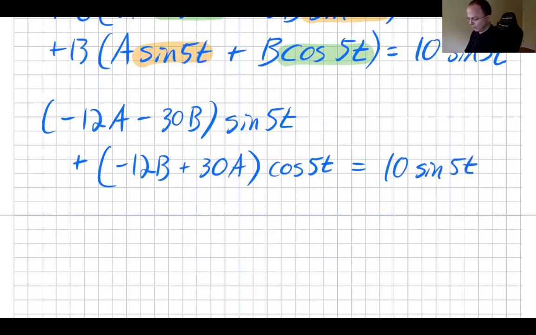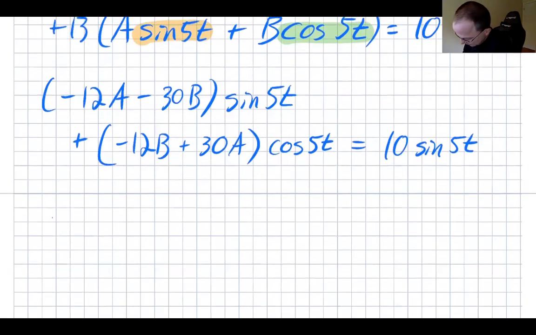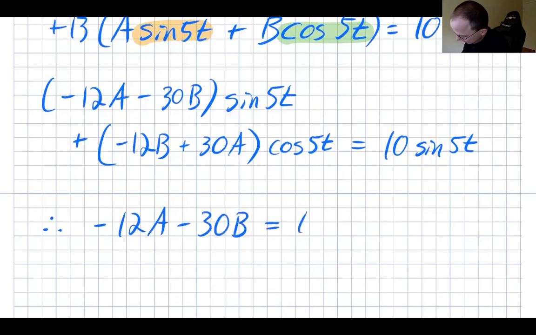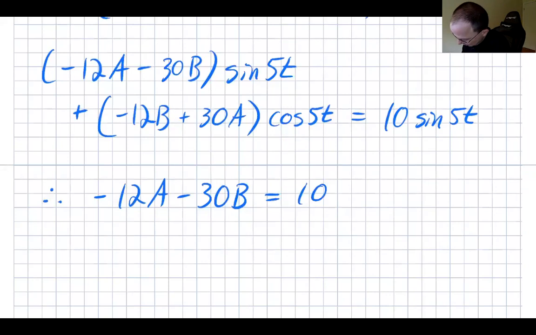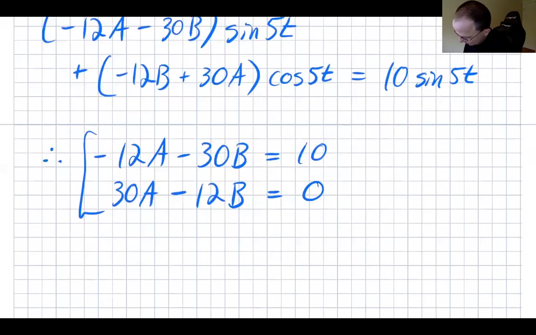Okay. So therefore, we have negative 12a minus 30b is equal to 10. And we have 30a minus 12b is equal to 0. So there's our linear system.